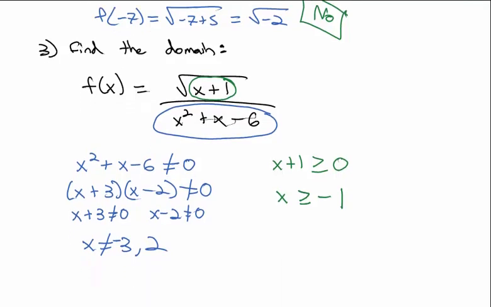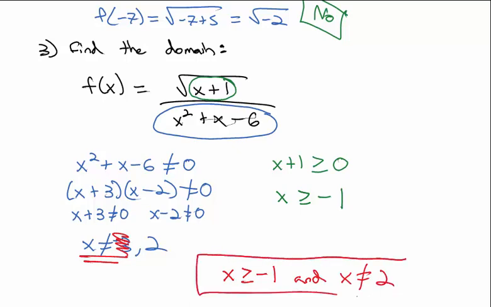Well, if we really look at this problem, the negative 3 is already smaller than negative 1, so we don't really need to worry about that. So to clearly give our domain, we're going to say our domain is x has to be greater than or equal to negative 1, and x cannot be equal to 2. That's going to be the domain of this function.